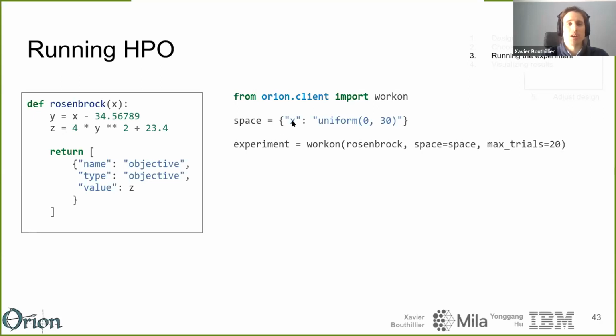So x here is the hyperparameter, and we assign it a prior that is uniformly distributed between 0 and 30. So these are the different values that will be tried. And then you just call workon on the function, pass it the space. And for example, here we set max trials to 20. And now this will sequentially do the optimization and return the experiment.